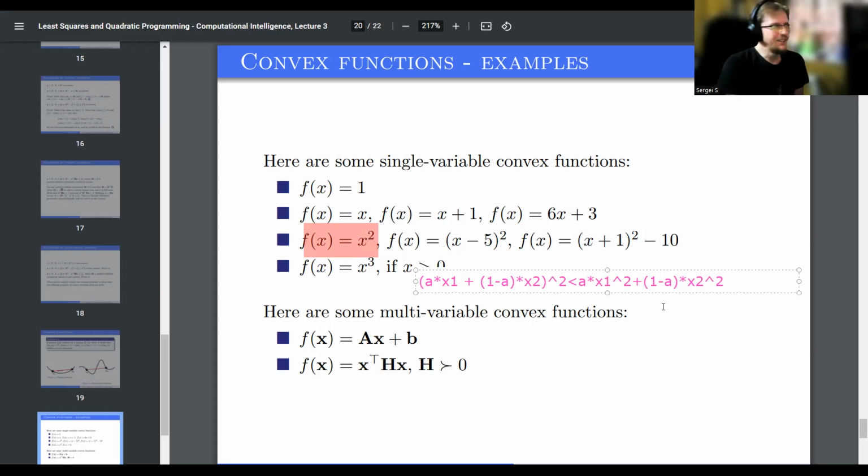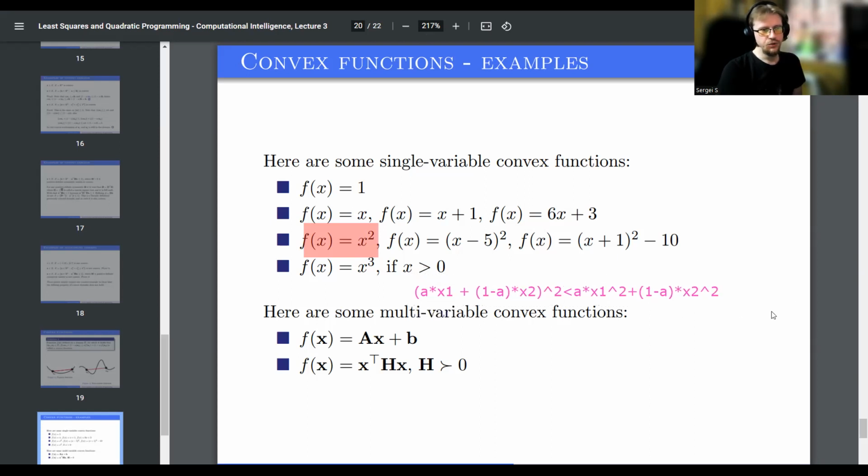This is how ideally you should prove it. You should prove that this thing is smaller than this. That is ideally how you would want to prove it.